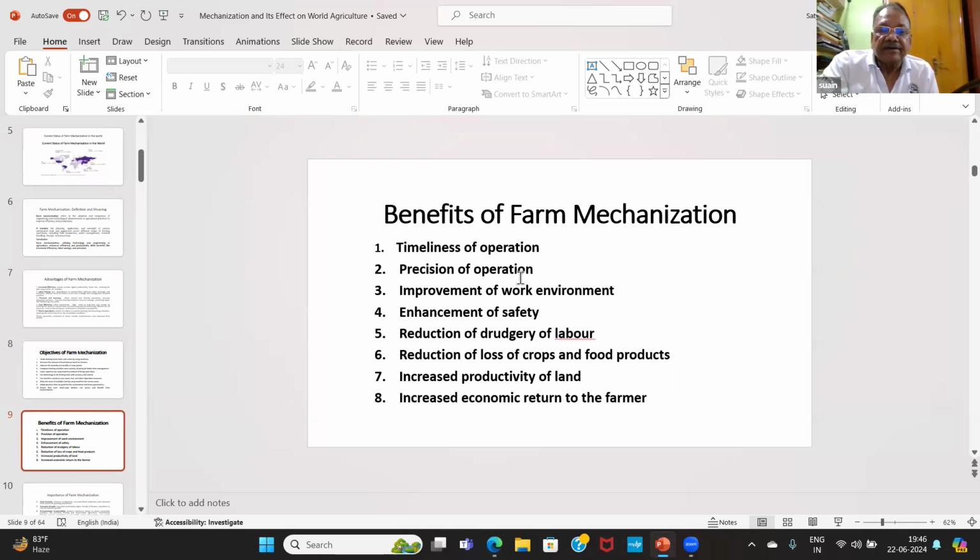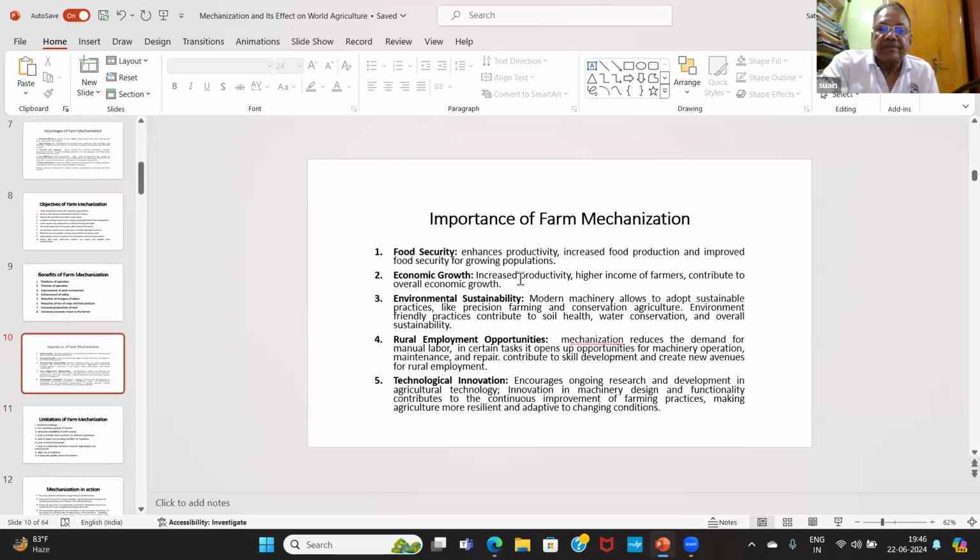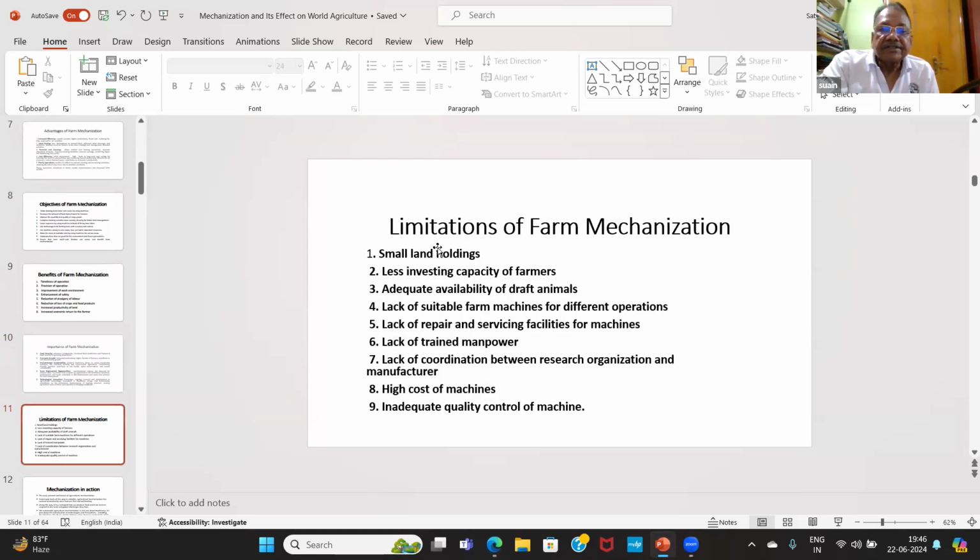Benefits, these are all things you know about. Importance also, limitations, small holdings. But the small holdings limitation has not been a constant in Japan because they have developed their machines to suit the small size.